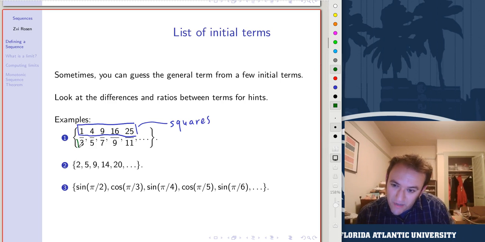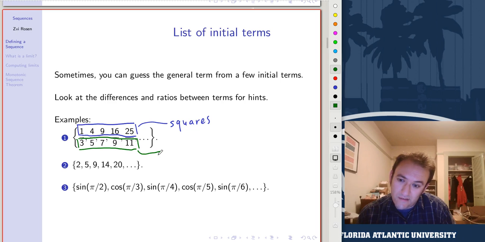As for the denominators, looking at the differences, you're adding 2 between each term. And indeed, these are all odd numbers.